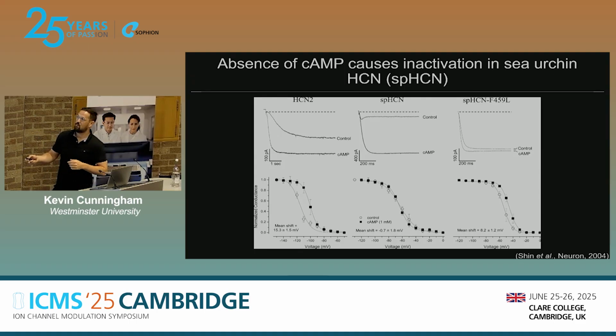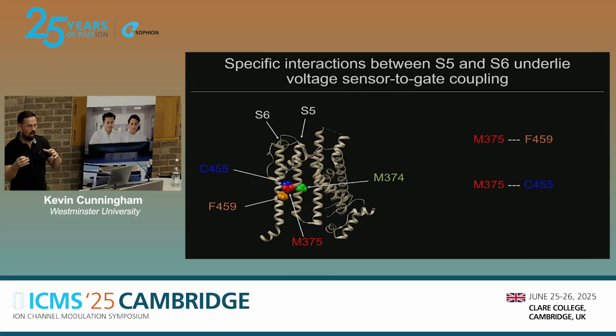So it starts to open and then it inactivates. But with cyclic AMP, this functions regularly. He showed that this was down to a mutation. So a phenylalanine mutated to a leucine, you can remove that inactivation. So this fascinated us. We wanted to know why that area.